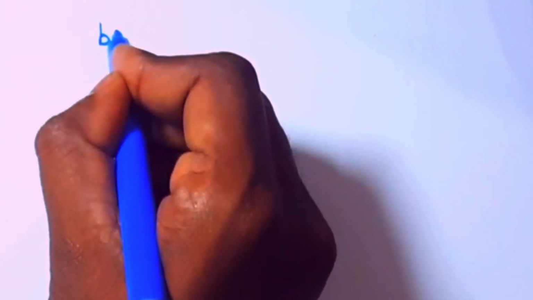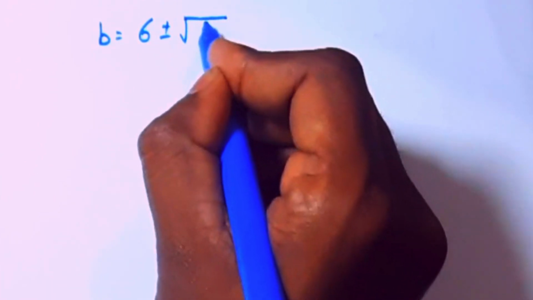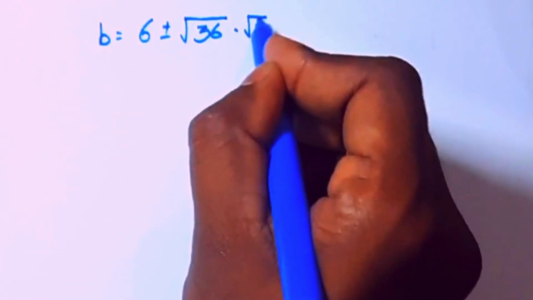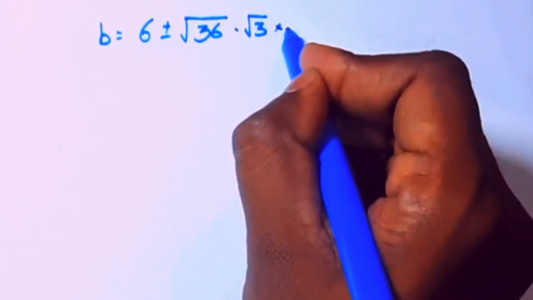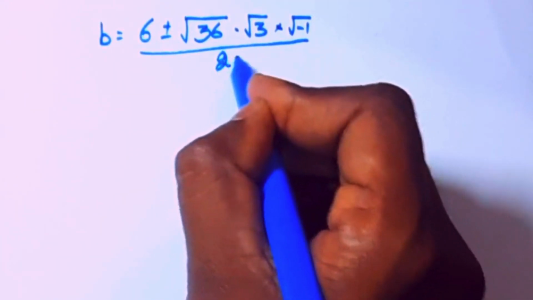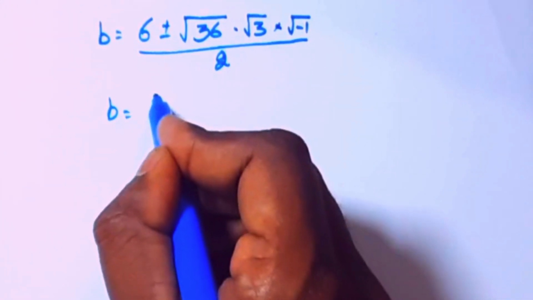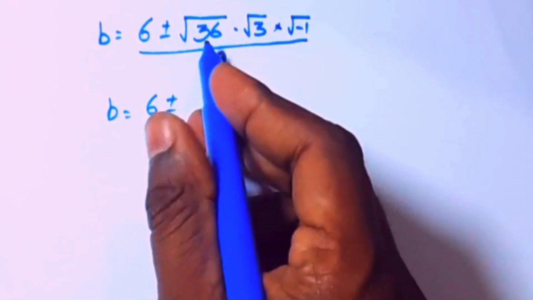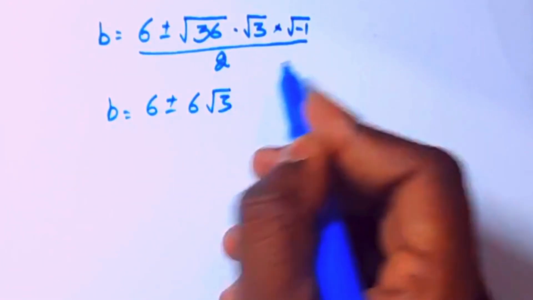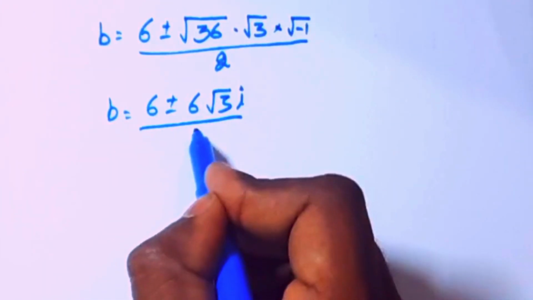Now b equal to 6 plus or minus square root of, this 36 can be written as 36 times square root of 3 times square root of minus 1, by 2 times 1 is 2. b equal to 6 plus or minus square root of 36 is 6 times square root of 3. This square root of minus 1 is i, by 2.